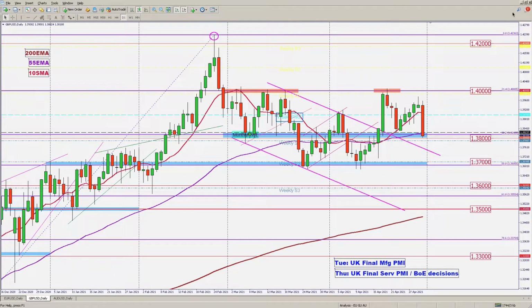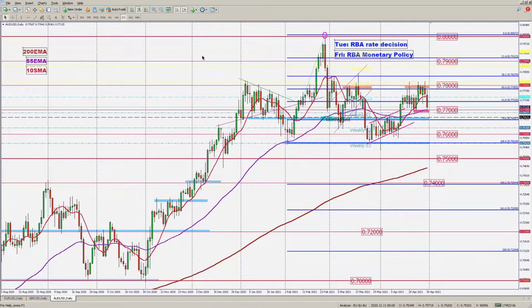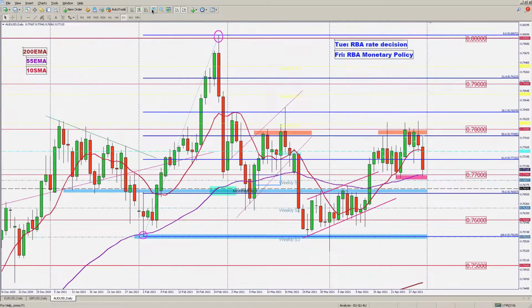All right, let's move on to the Aussie dollar. And after previous Friday's move to try to break the 0.7800, which is a significant resistance zone, it pulled back and attempted to climb up again to test and break, but failed and was rejected.